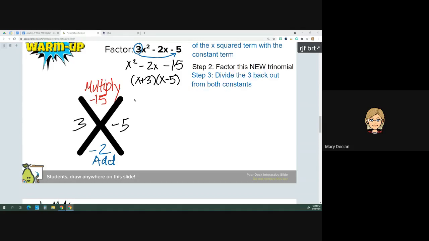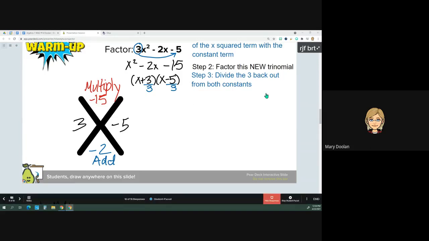Which means I'm going to put a division bar under the 3, because that's one of my constants, and divide by 3. And also under the other constant in the other binomial, I want to divide by 3 as well.